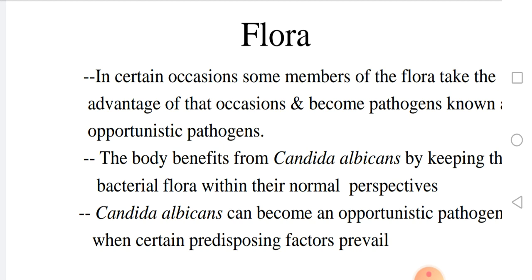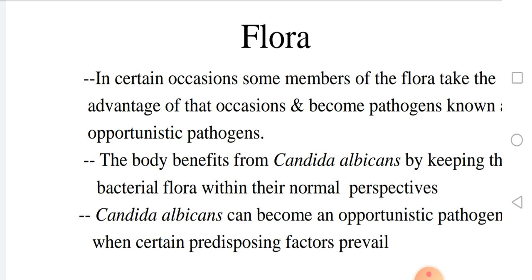Regarding Candida albicans, the body benefits from it because it keeps the bacterial flora within their normal limits. Candida albicans can become an opportunistic pathogen when certain predisposing factors prevail.